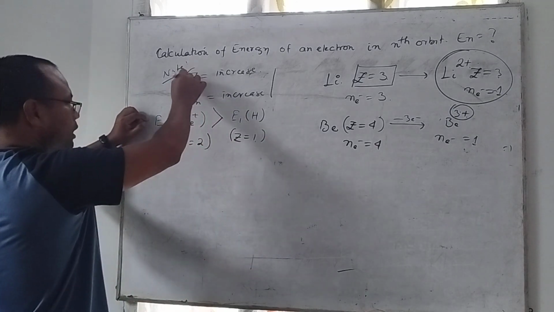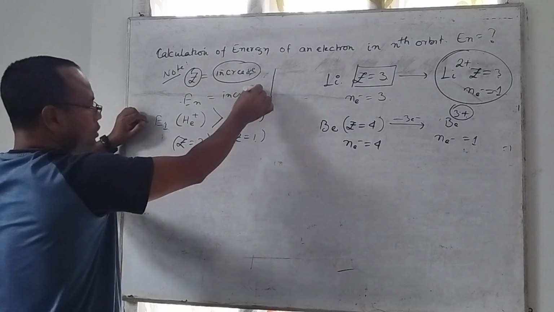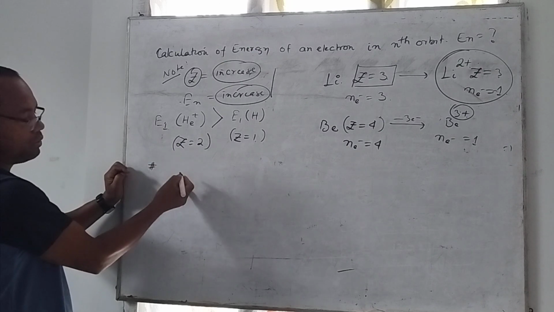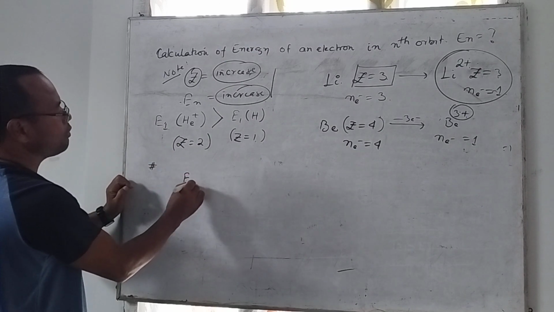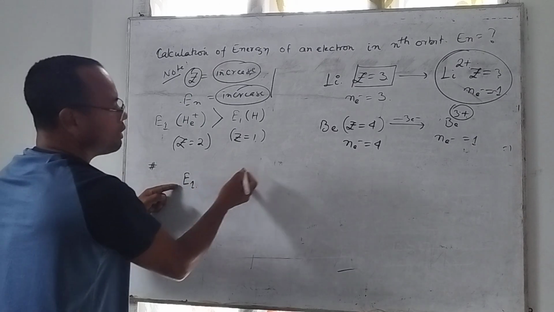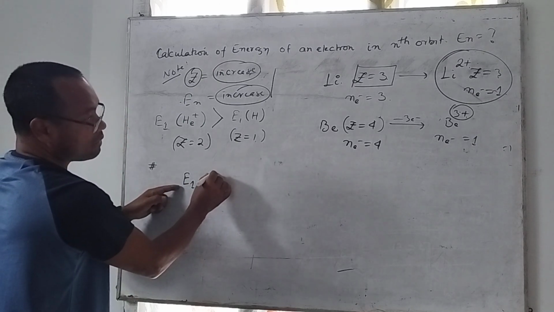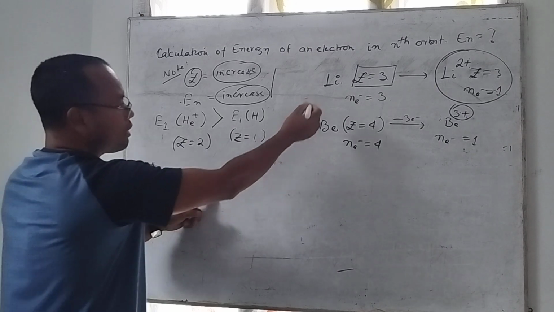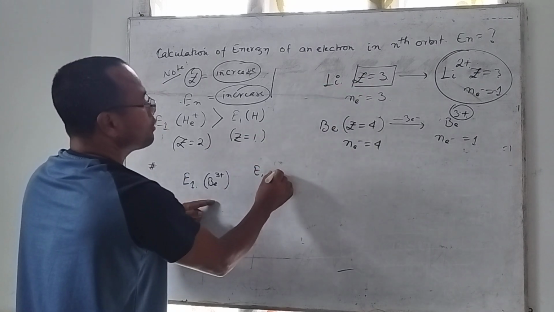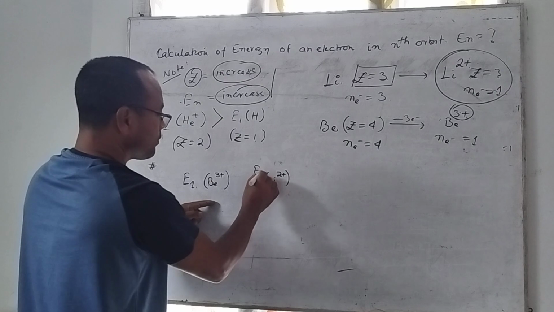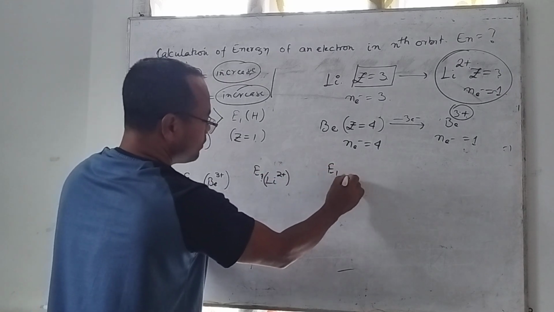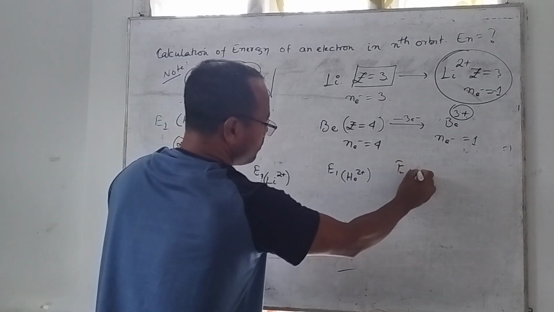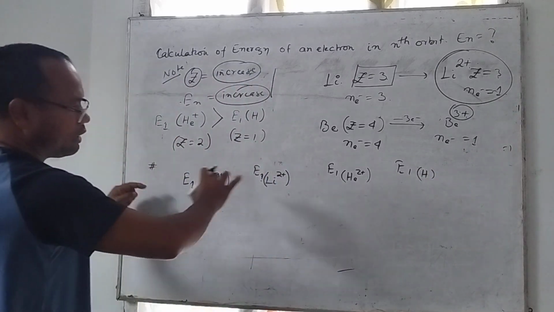As I write here, as the atomic number increases, the energy also increases. So when we compare, don't forget, this is very important. You remember it. When we write E1 for beryllium 3 plus, and another one, lithium 2 plus, then E1 for helium 2 plus, then E1 for hydrogen, can we write the order of this?